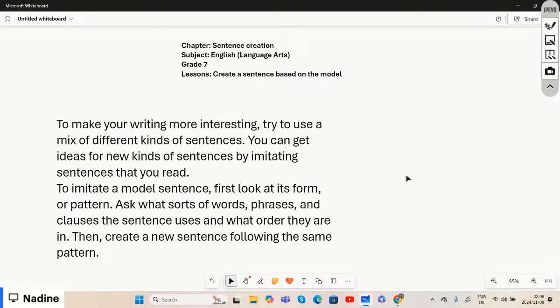You can get ideas for new kinds of sentences by imitating the sentences that you read. Imitating it.